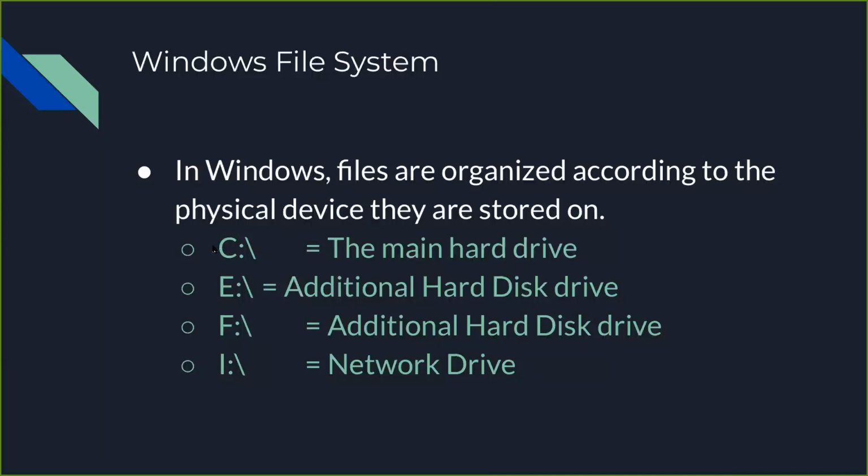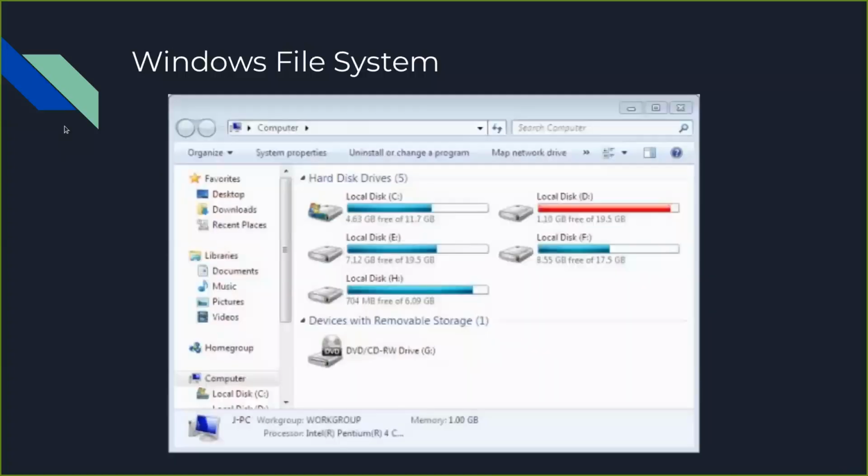You'll have this sort of theoretical root that's like My Computer, and then below that you'll have C:/, which is the main hard drive, E and F:/, which are usually additional hard drives, I:/, which is usually a network drive, and then they'll keep iterating on the letters like G, H, J, K. Those are usually external devices like external storage, external hard drives, flash drives. And usually when you're looking at this on Windows, it'll look something like this.